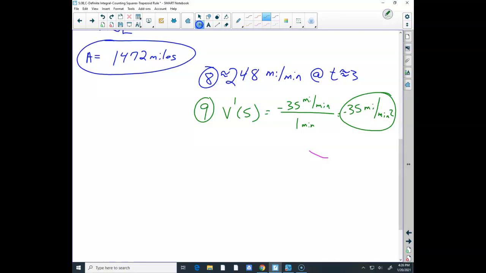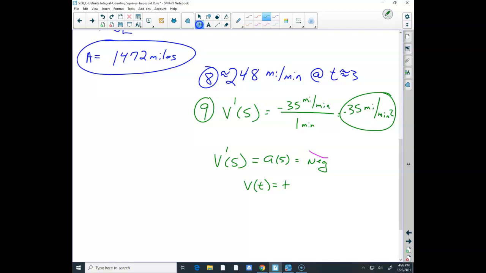And is she speeding up or slowing down at that time? Well, v prime of 5 is giving me my acceleration at 5, which means v prime of 5 equals a of 5. Okay, it's my acceleration at 5, which means acceleration is negative, and v of t is positive because it's a negative slope there.